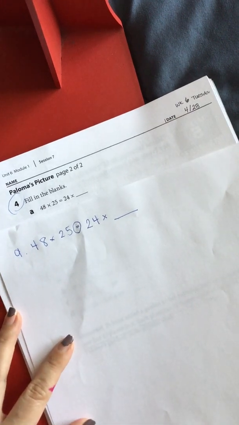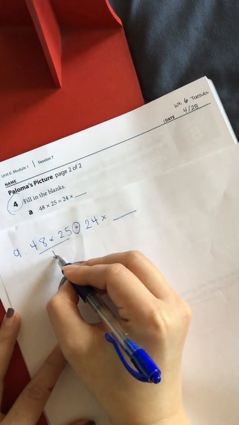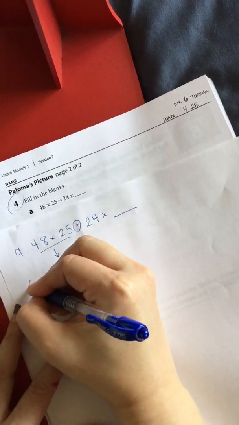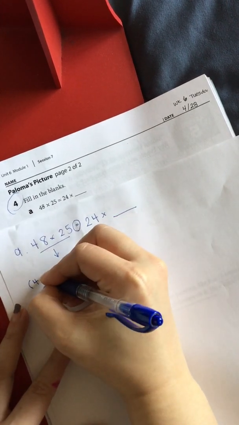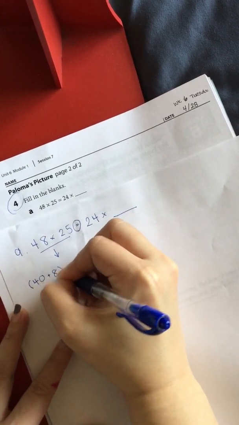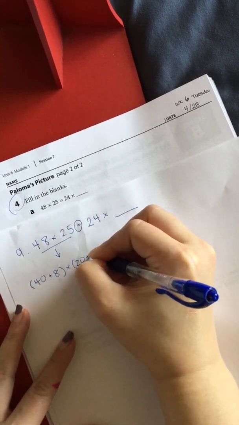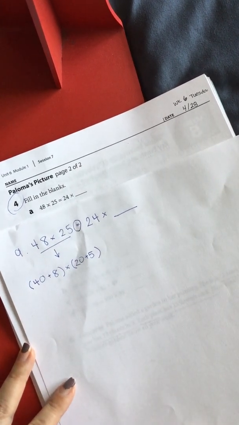So the first thing that I'm going to do is figure out what 48 times 25 is. To do that, I'm going to draw my claw and write it in expanded form. So 40 plus 8 is 48 times 25, which is 20 plus 5. And I'm going to figure out what that is equal to.